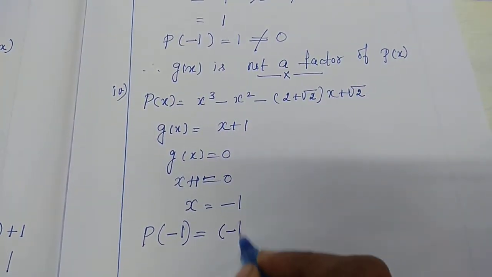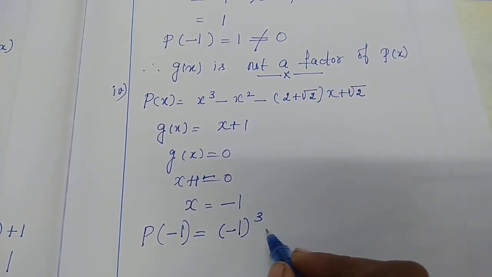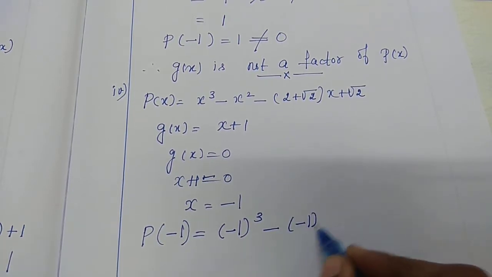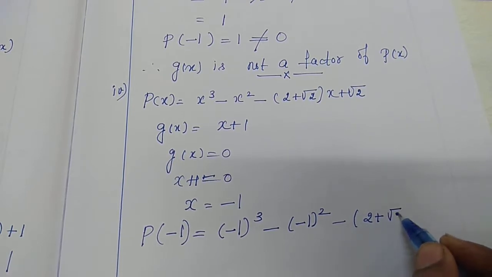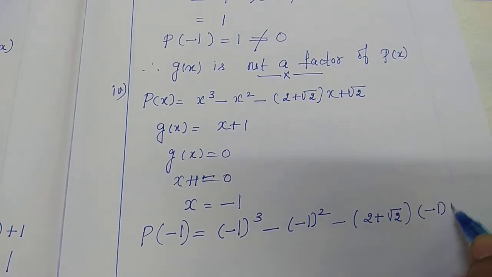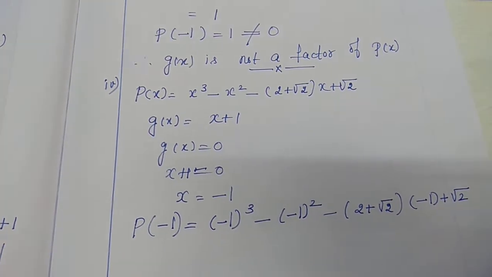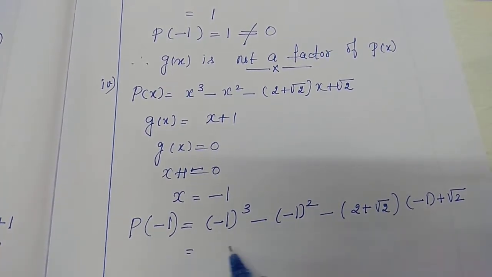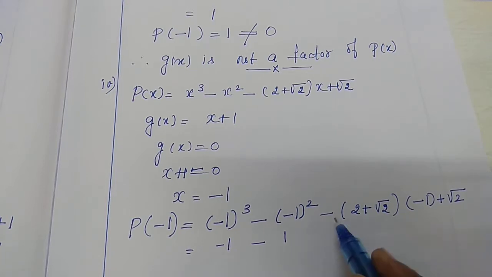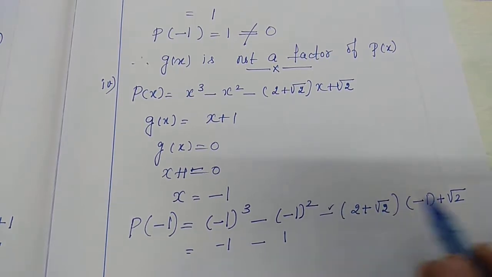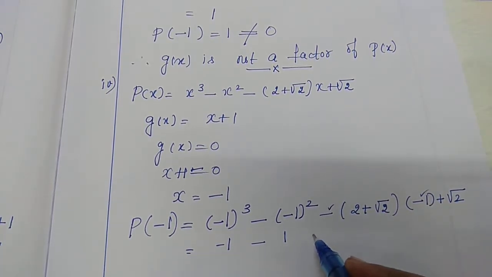That is equal to minus 1 the whole cube minus 1 the whole square minus 2 plus root 2 minus 1 plus root 2. That is equal to minus 1 and minus, it is a plus 1, and this minus is multiplied inside the bracket, or this minus and minus in product it is a plus.